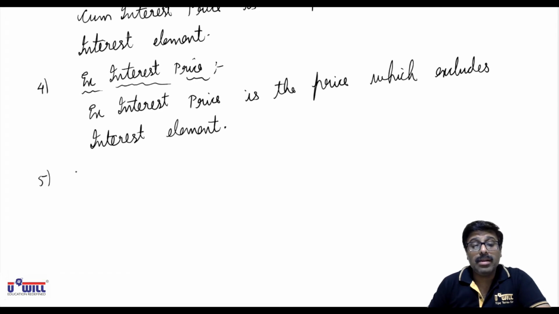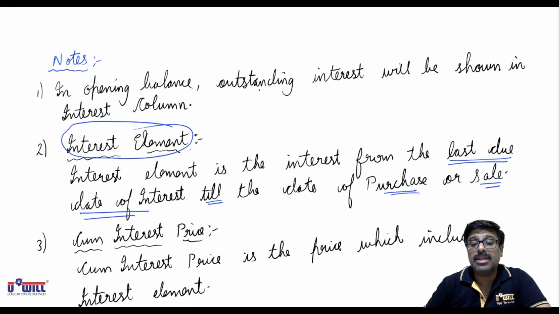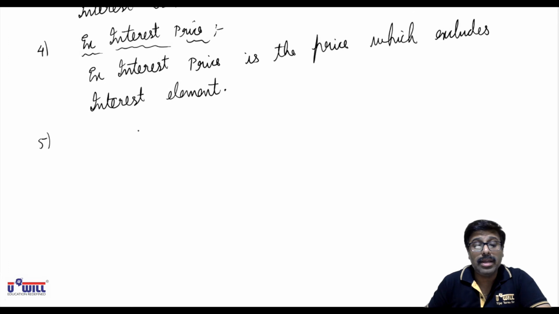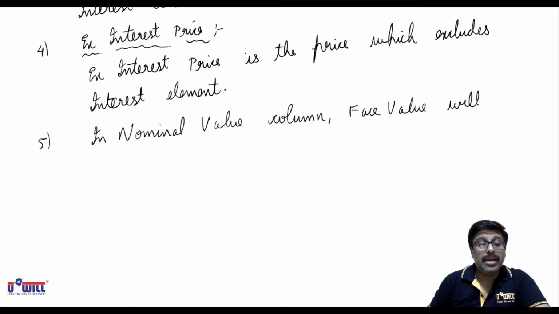Okay. Here we have already written in opening balance, outstanding interest will be recorded in the interest column. Now throughout the ledger account, in nominal value column, face value will be shown.